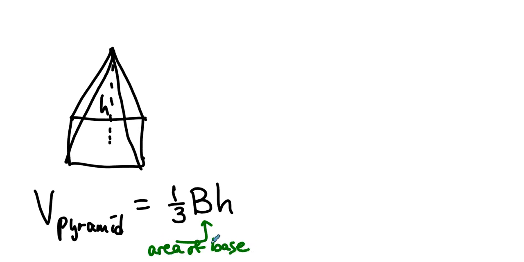Because the base of a pyramid could be pretty much any shape you like. It could be a rectangle, a pentagon, or a hexagon, and it doesn't matter. Whatever the area of the base is, we take 1/3 of that and multiply by the height. Really, we take the area of the base, multiply by the height to figure out what the prism is, and then chop it into thirds.